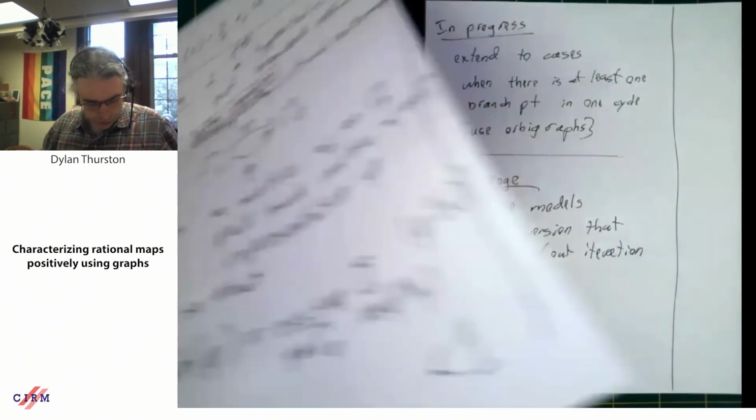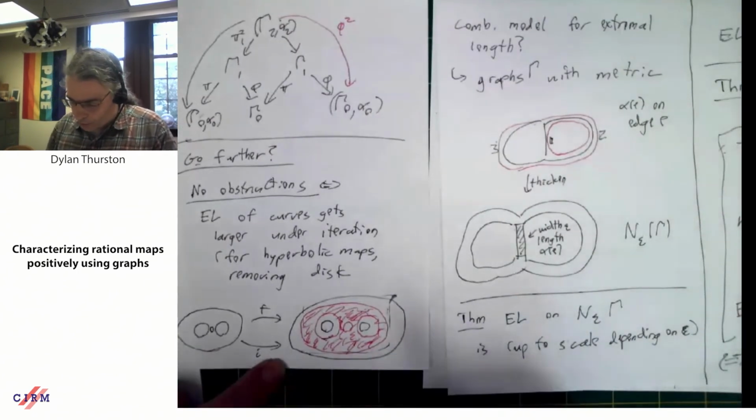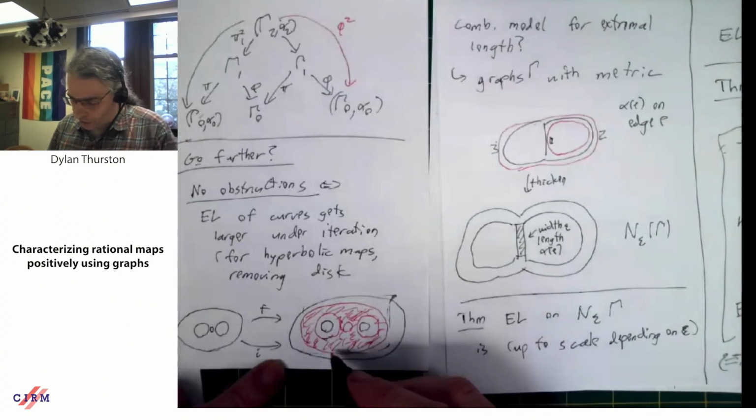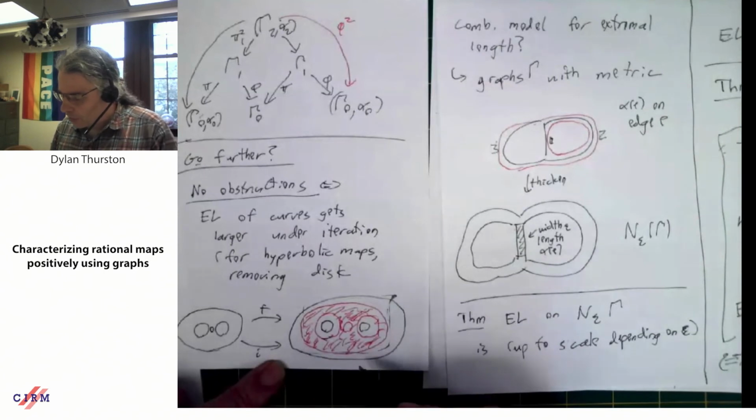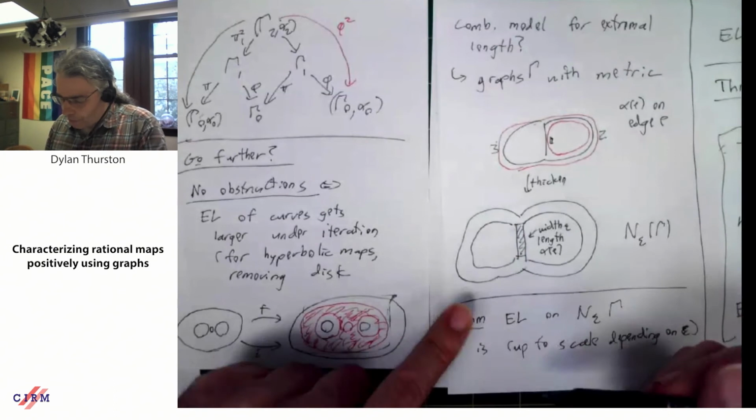From an actual rational map, you get these surfaces and they're necessarily getting thinner and thinner, extremal lengths are necessarily going to 0. And then we take this model of it, which is this epsilon thickening of a graph.